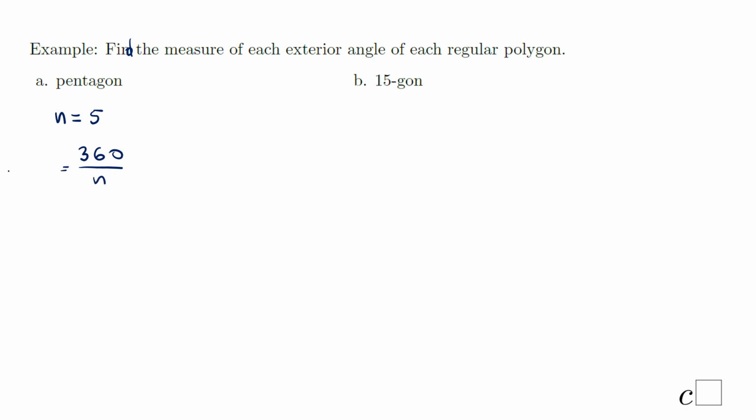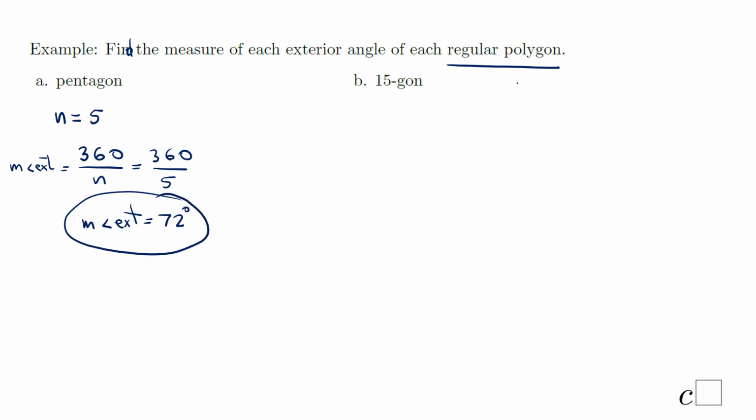That is the measure of an exterior angle. So in this case, we have 360 divided by 5. So the measure of this exterior angle for this pentagon, regular polygon, be careful, this formula works only if we have a regular polygon, it's going to be 72 degrees.